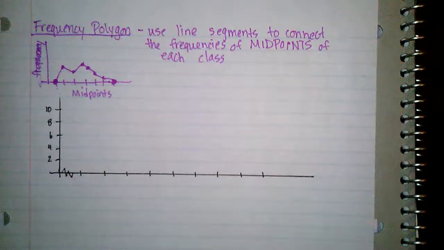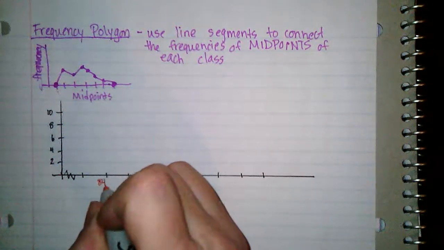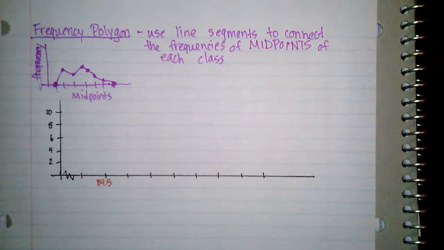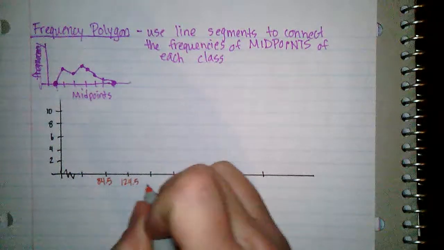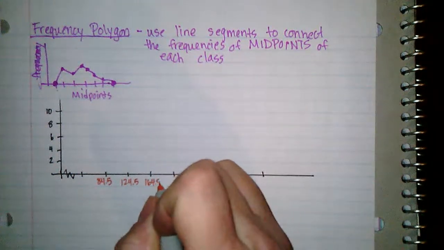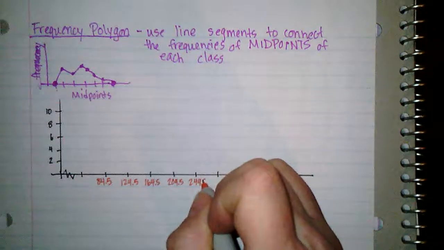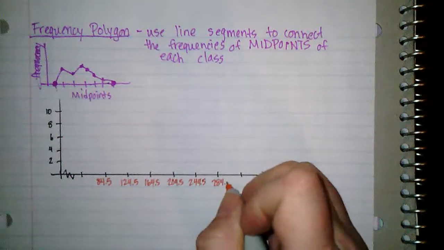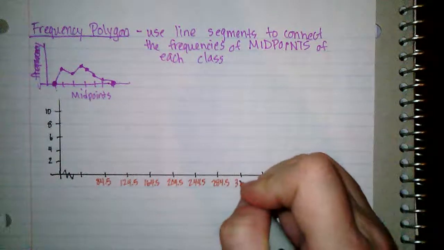I'm not going to label the first one. I'm just going to label the ones that we had for the midpoints of our data. The first midpoint we had was 84.5, and our next midpoint was 124.5, and then 164.5, 204.5, 244.5, 284.5, and our last midpoint was 324.5.